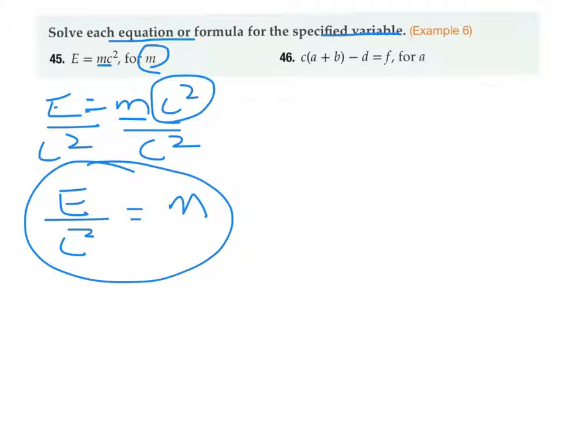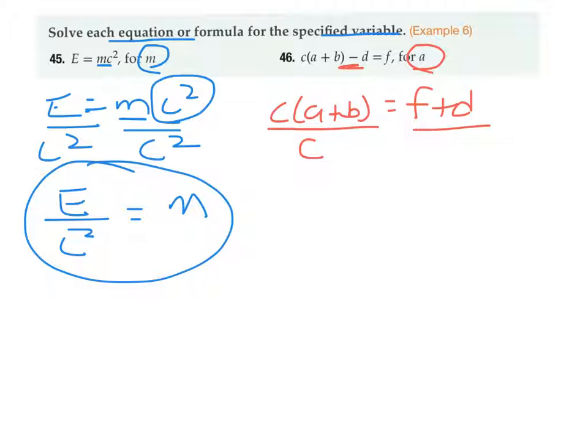In this equation, we want to solve for a. So to solve for a, I have to undo everything here. So the first thing is any adding or subtracting. So this subtraction of d needs to be added to the other side. So f plus d. Then the next thing is I have a c that I need to divide because it's being multiplied.